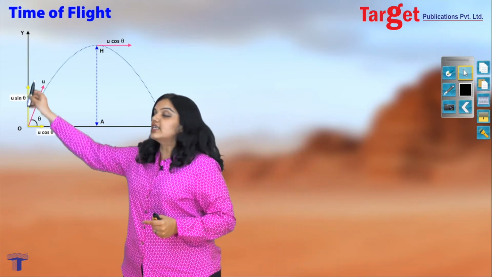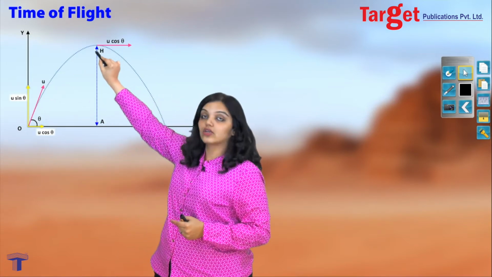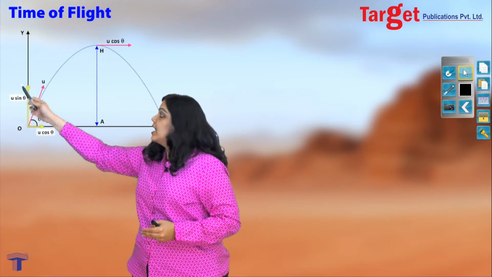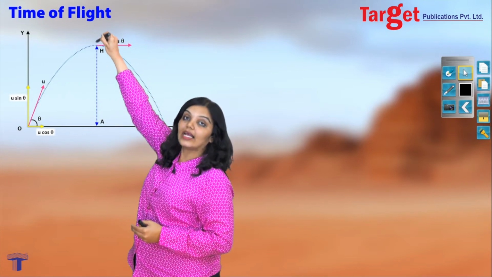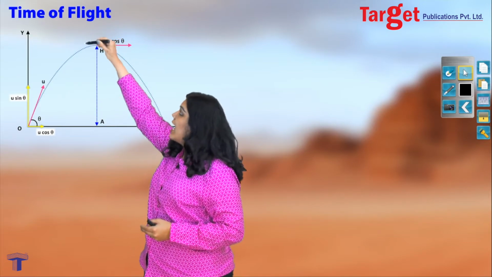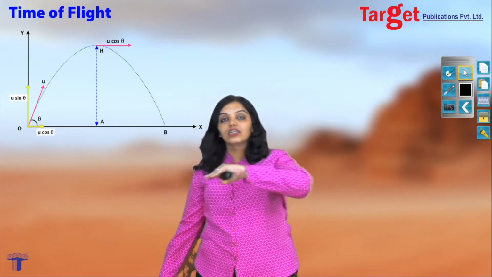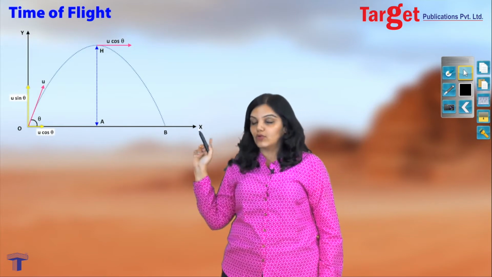On the other hand, the velocity along the y direction is u sin theta initially, and as you can see here, we have not drawn any vertical velocity, which means that this u sin theta is decreasing and this vertical velocity becomes 0 at the point of maximum height, and then it increases again. So let me summarize. Horizontal velocity u cos theta remains u cos theta always throughout the motion.